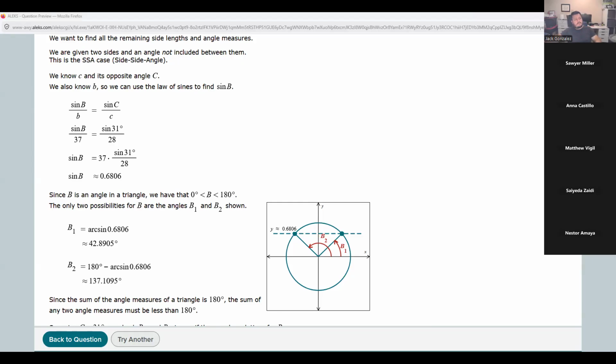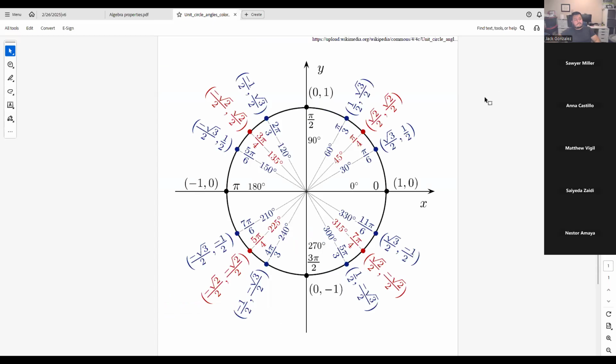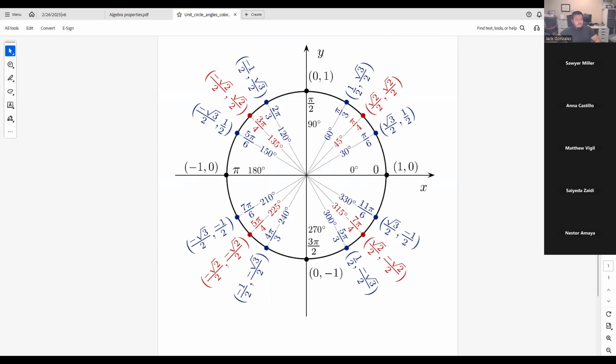Okay, can you see the unit circle? Yes. Okay, so let's pretend we were solving, let's say, how do I put this?